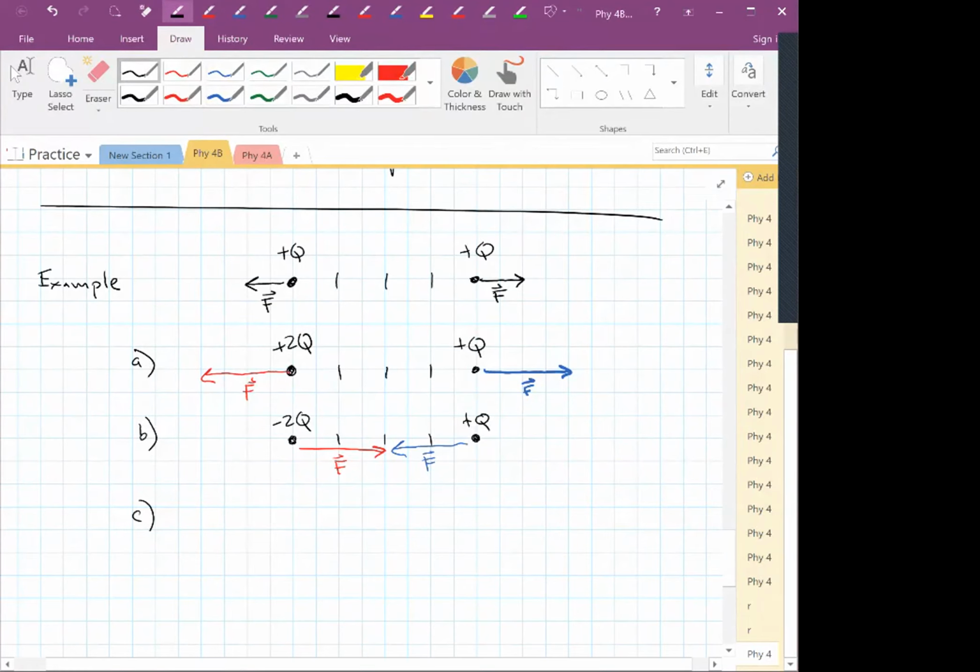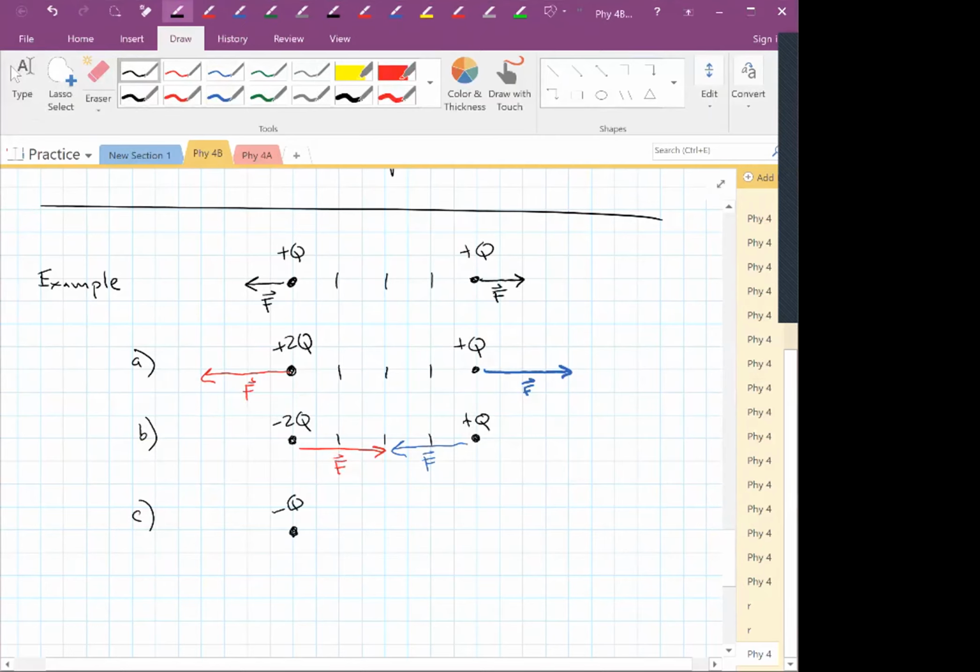So yeah, let's do this. Okay, I think the problem has been solved. Okay, let's hit the next one here. So we're going to go with the same spacing.